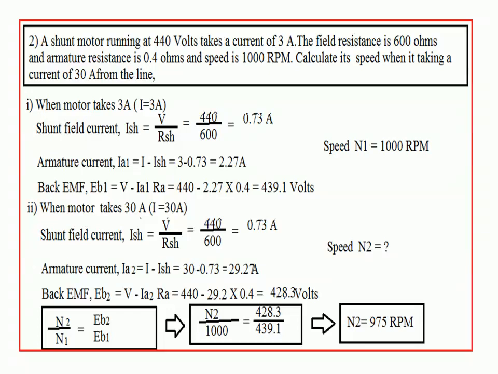Similarly, you calculate the first case armature current, IA1, I minus ISH. ISH remains same for both condition. Respective back EMF, you calculate 439.1 volts.